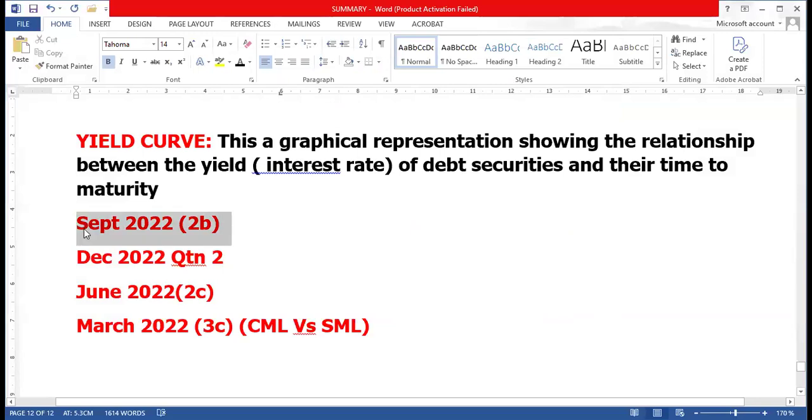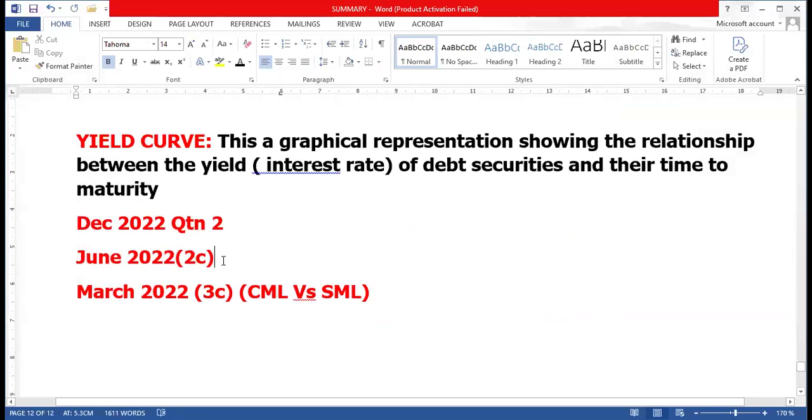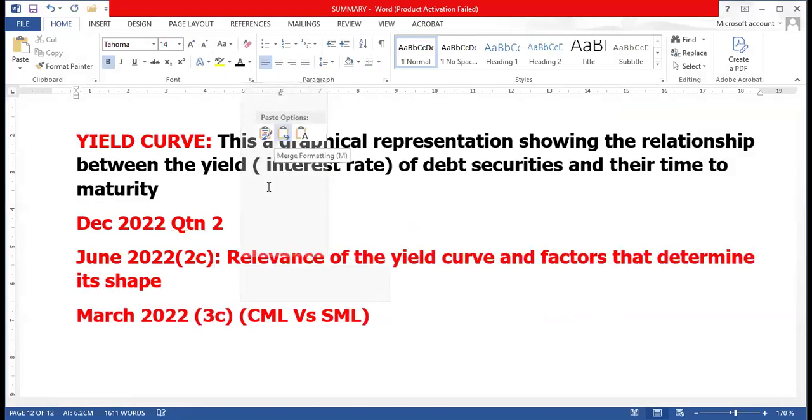It is actually the same. So when you look at December 2022, I see what they had asked here.